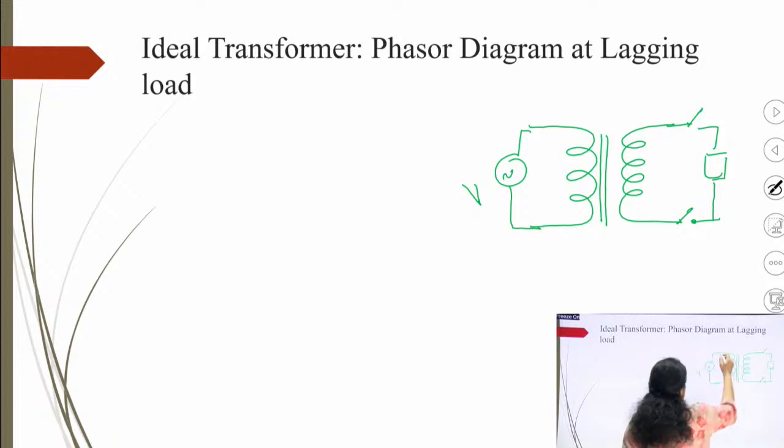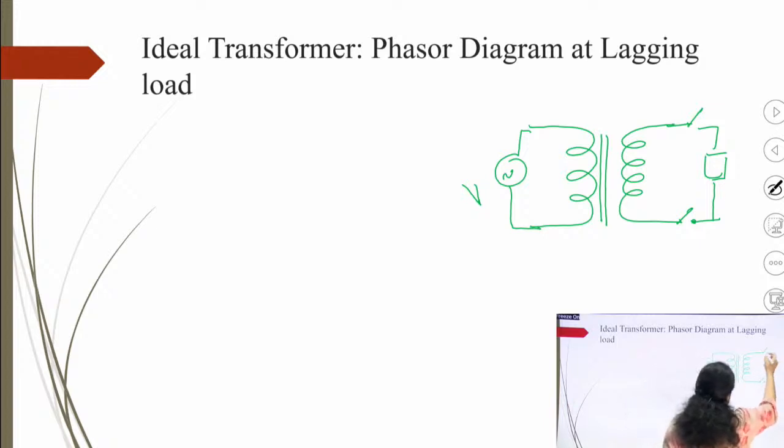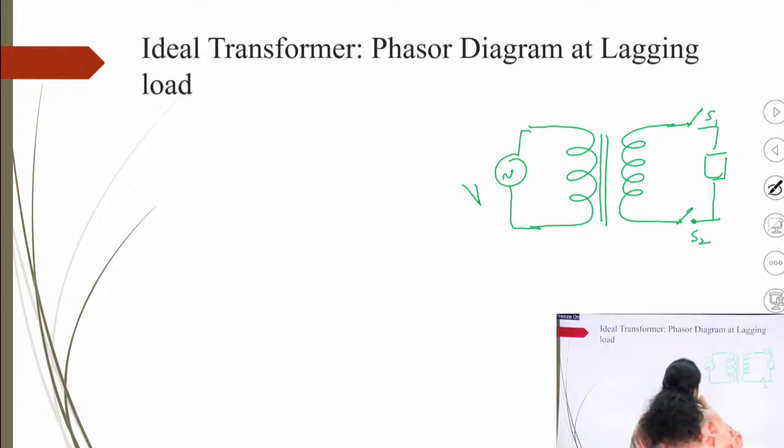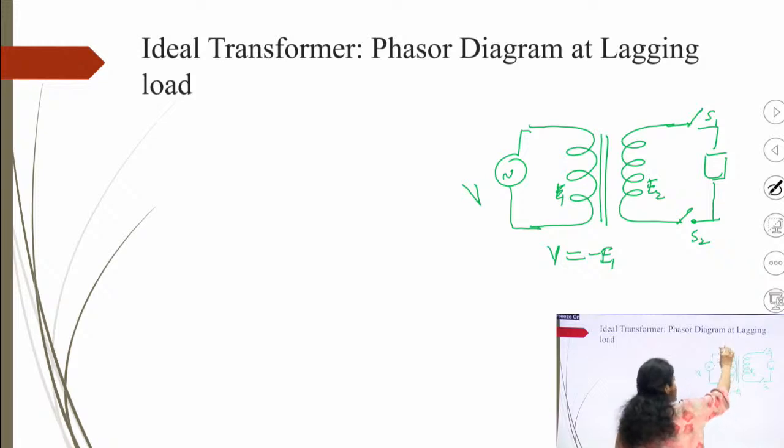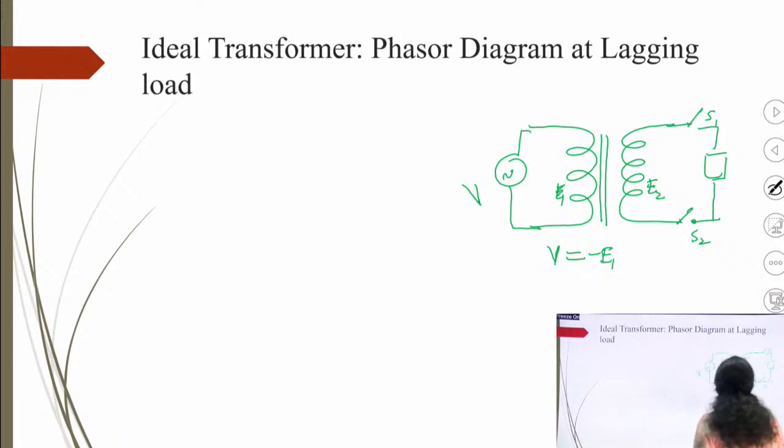This is V. This is switch S1, S2, and here E1 is developed, here E2 is developed. Because you assume the winding resistance is 0, we assume V is equal to minus E1. Otherwise a drop would be there due to the winding resistance, right? Now we are trying to develop the phasor diagram at lagging load condition for the ideal transformer. So suppose this load will be lagging.